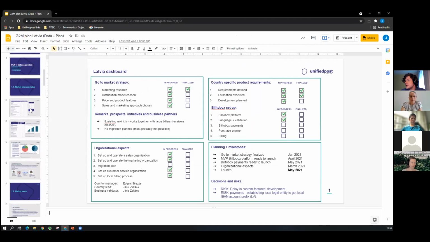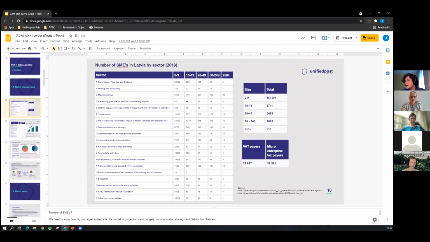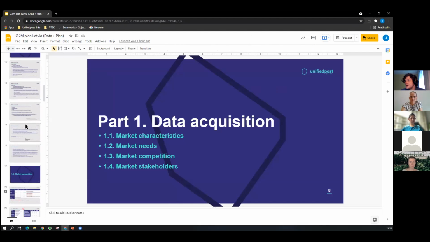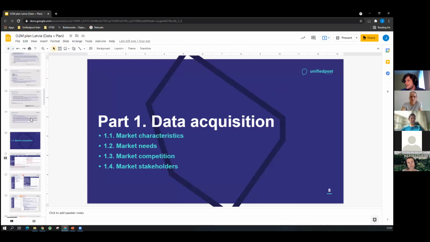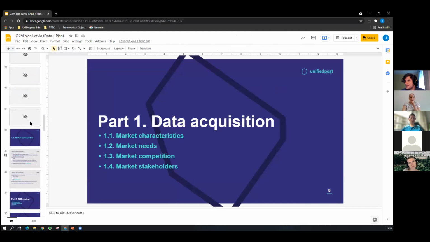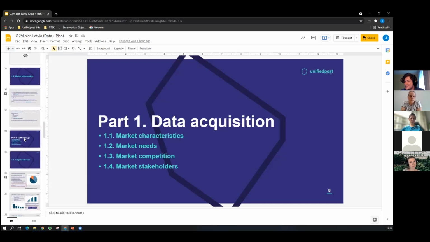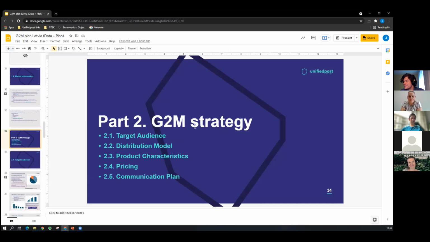So this is my go-to-market strategy. This is also what I did with the data acquisition, in a similar manner to what I showed you. I have a lot of slides in there with all the information. I won't show it because it's kind of a commercial secret. The strategy has target audience, distribution model, product characteristics, pricing, and communication plan.